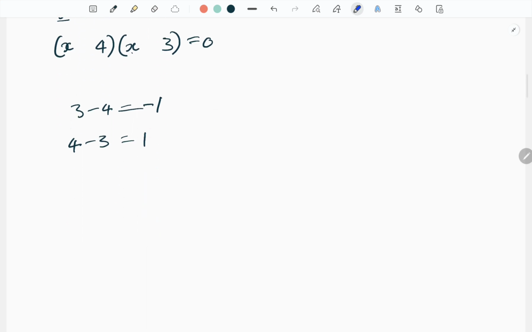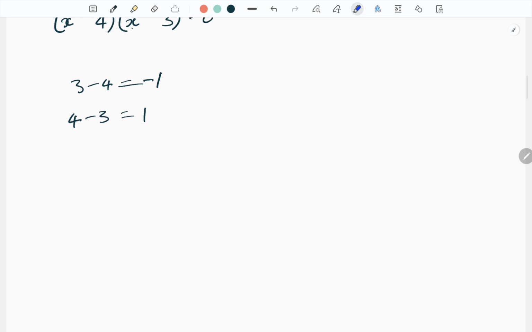Now this gives us a clue to identify where to put positive and where to put negative. So the number 3, we assign a negative sign, and the number 4, or the factor 4, we assign a positive sign.